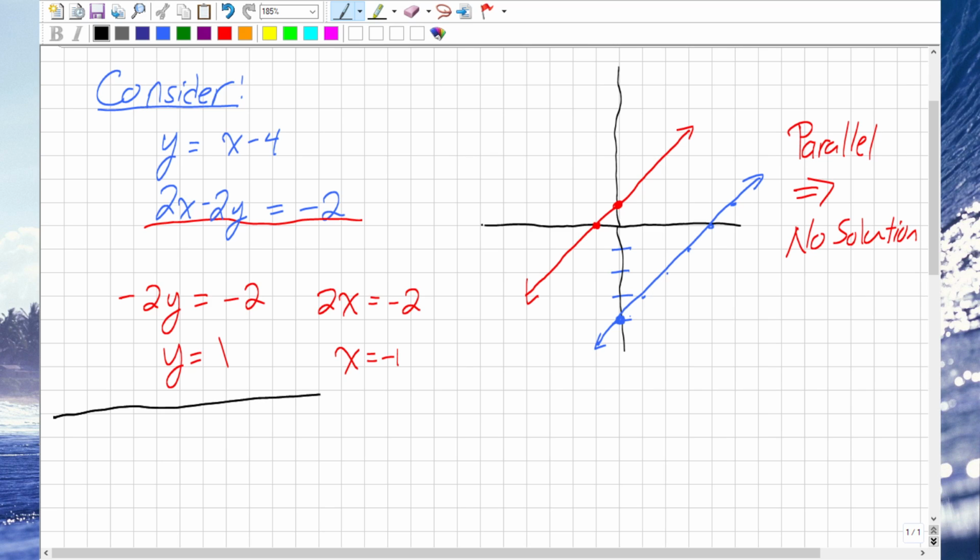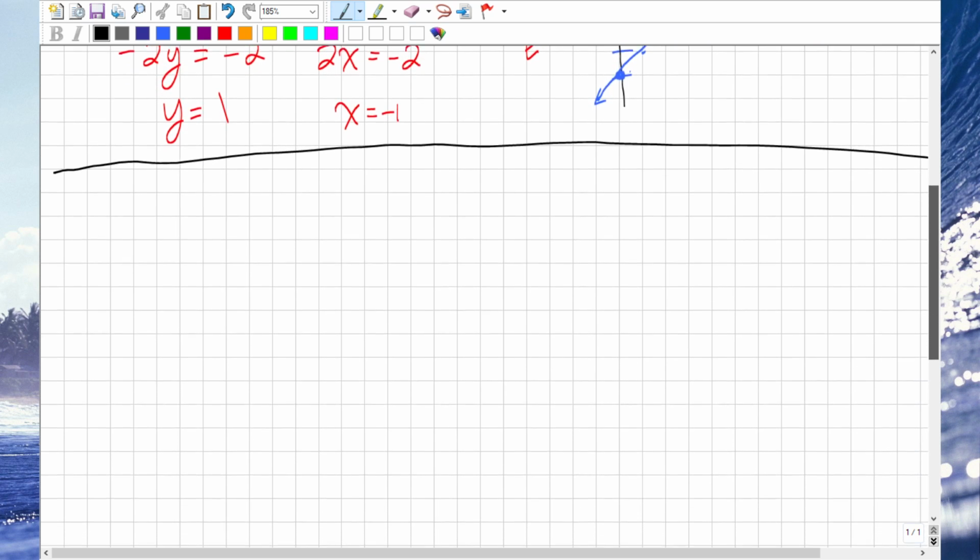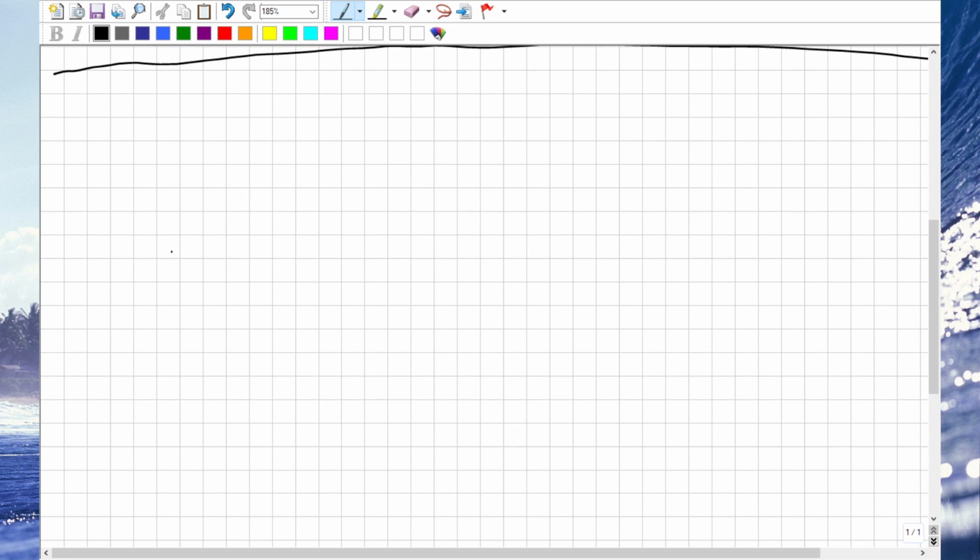What they should have done for this lesson is started with something a little bit more accurate. They should have started with something more like y is equal to, let's start with, say, x minus 4, and y is equal to negative 2x.